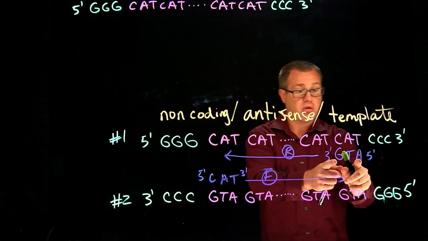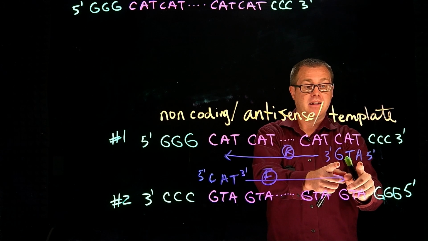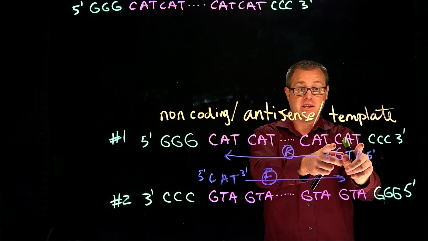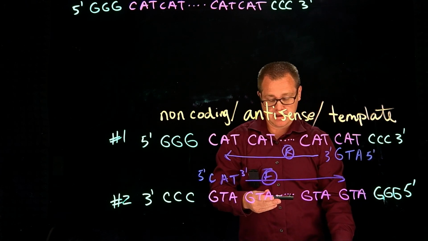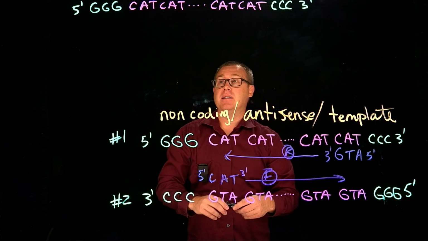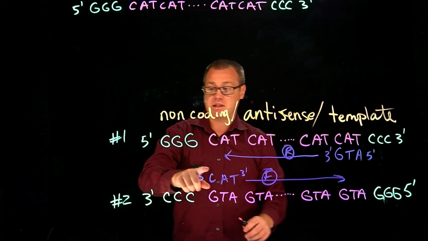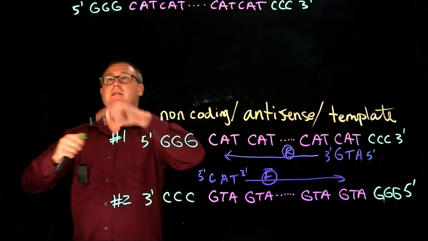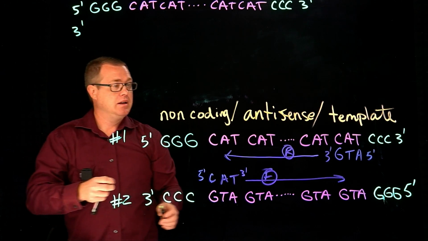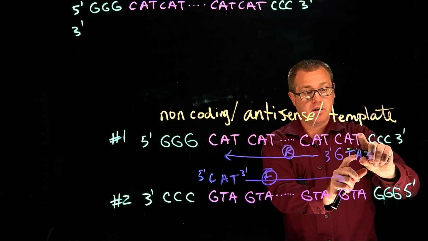So this primer, the GTA, annealed to just the CAT on this end right here. Okay? And so what's going to happen is that this 3' strand that we're going to generate is going to start here.